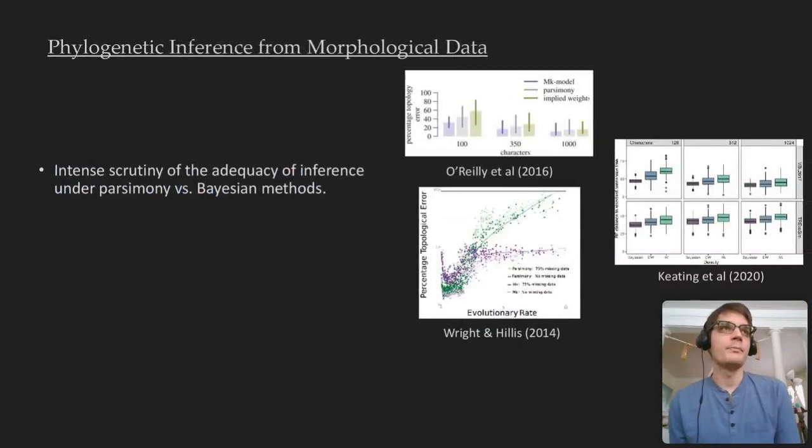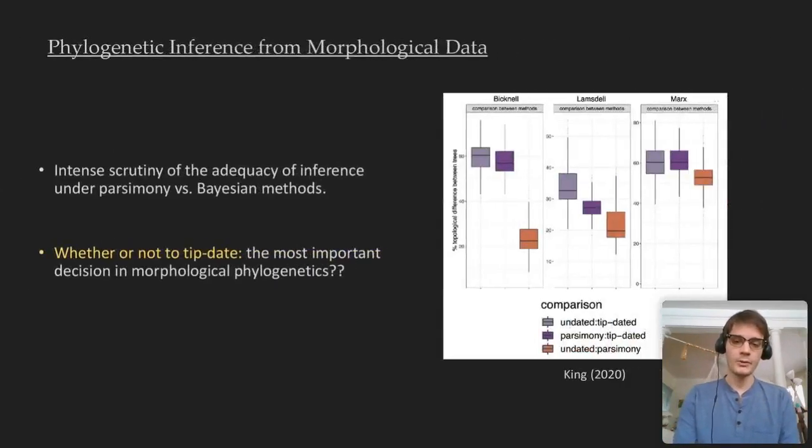Now, of course, fossils can only be included in phylogenies using morphological data, and as such, there's been an intense scrutiny in the last decade or so of the adequacy of alternative methods to reconstruct trees, especially focusing on comparing the consequences of choosing maximum parsimony versus Bayesian approaches. But a recent study has shown that the topological consequences of this decision, whether to use Bayesian approaches or parsimony, are relatively minor.